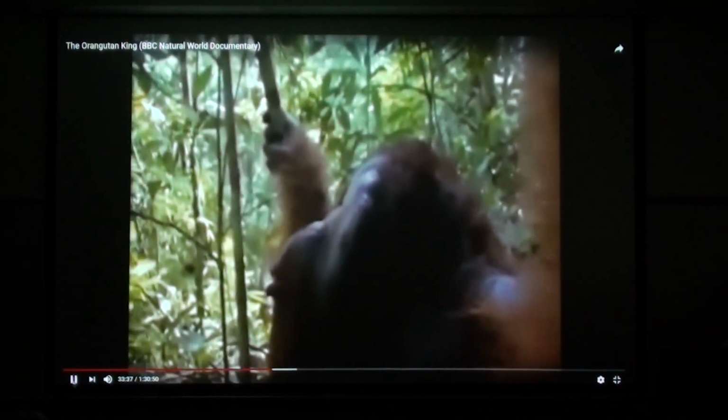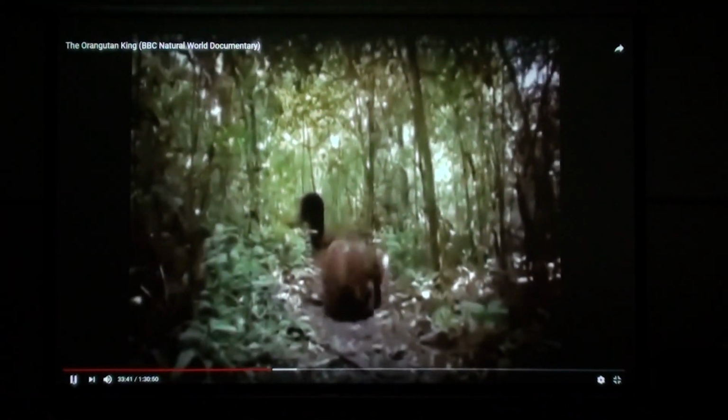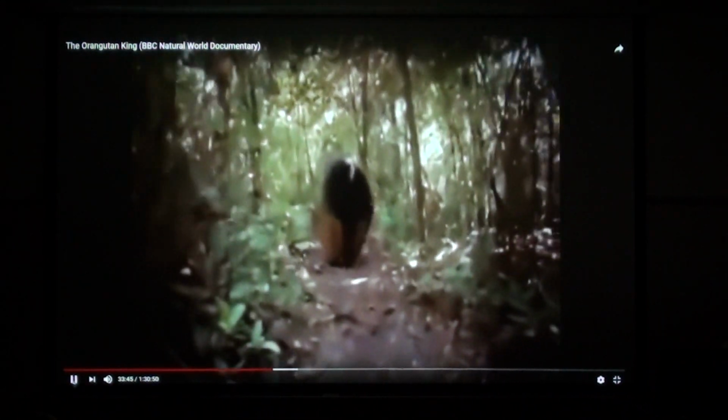She seeks out the dominant male with the cheek pads. She listens for his long call in the forest, and she frequently will move towards him, especially if he is close in the vicinity.